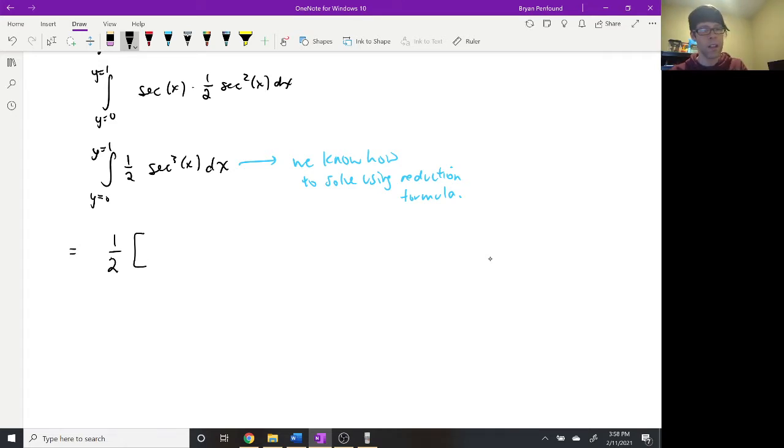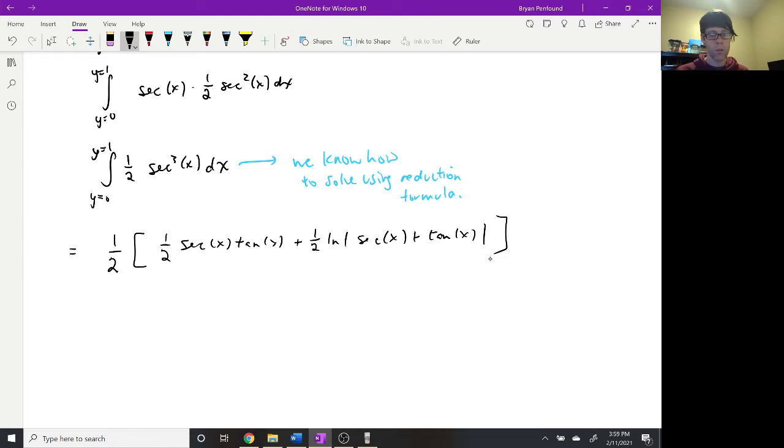Let me copy that down. So 1/2 secant tan plus 1/2 times the logarithm of the absolute value of secant x plus tan x.